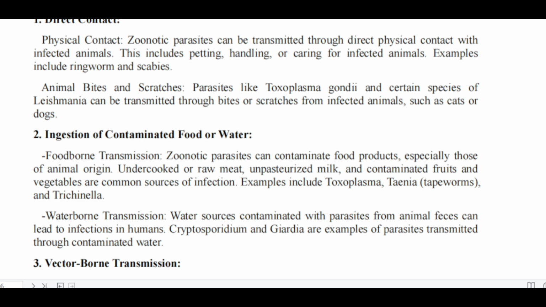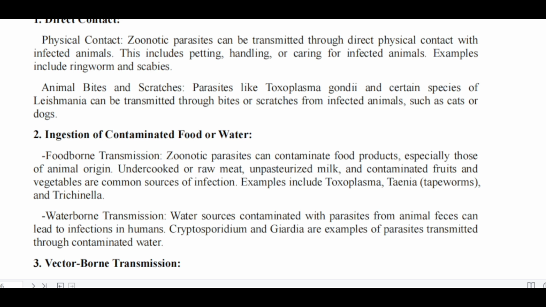And then you have waterborne transmission. Water too, because you take it, you ingest. So with waterborne transmission, water sources contaminated with parasites from animal feces can lead to infections in humans.